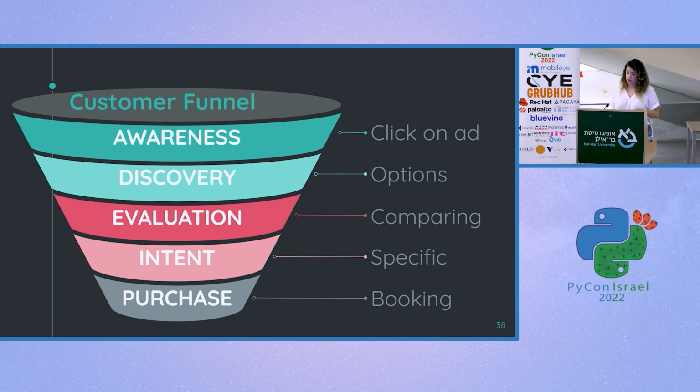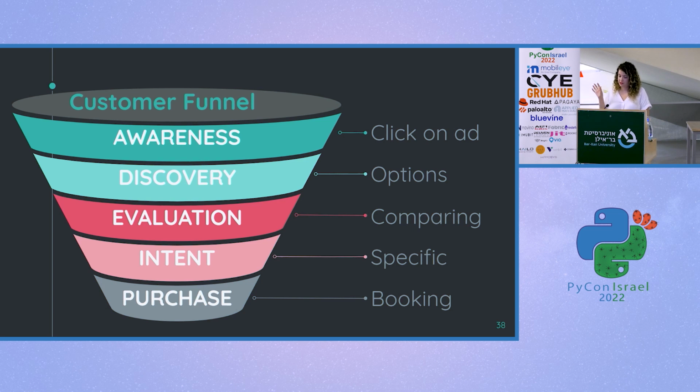Discovery is when he's checking some kind of options, maybe he's looking for furniture and is not sure what he wants to buy. Evaluation is comparing all kinds of products, all kinds of hotels if it's a booking site, all kinds of flights and their prices.